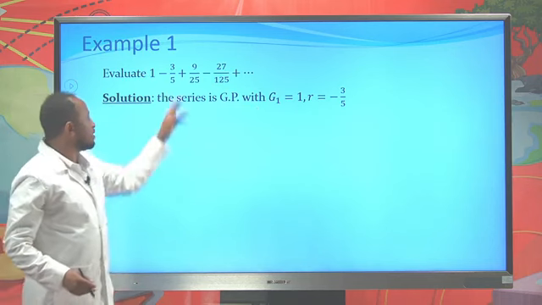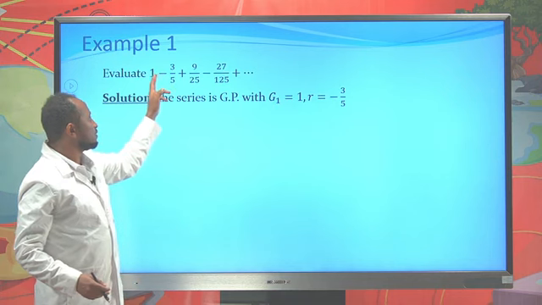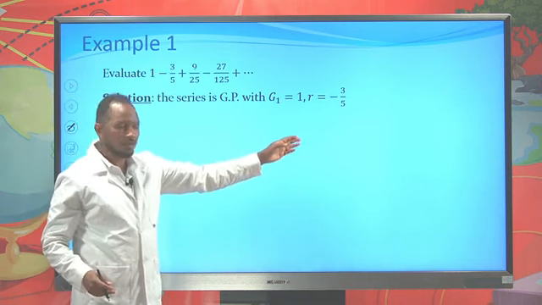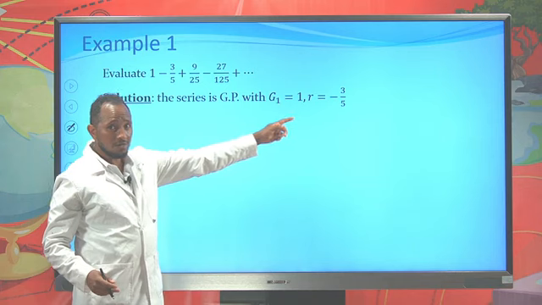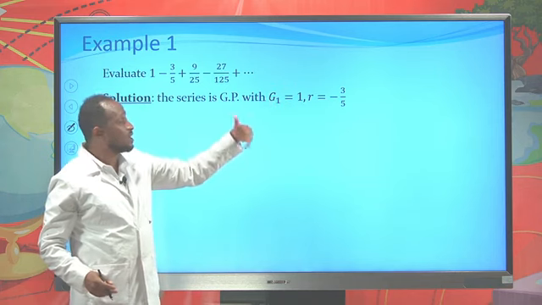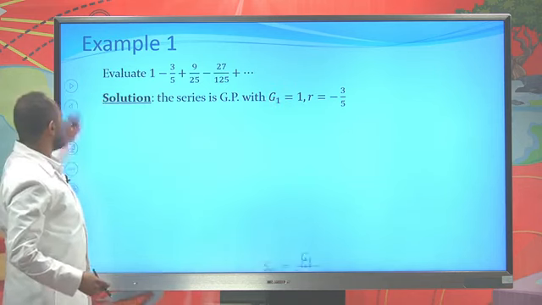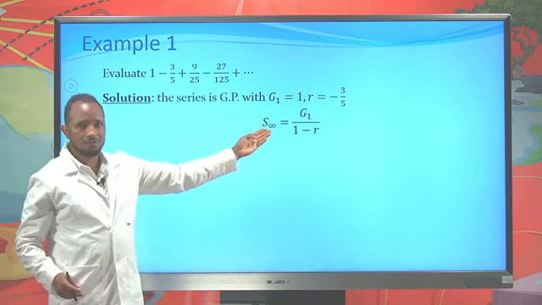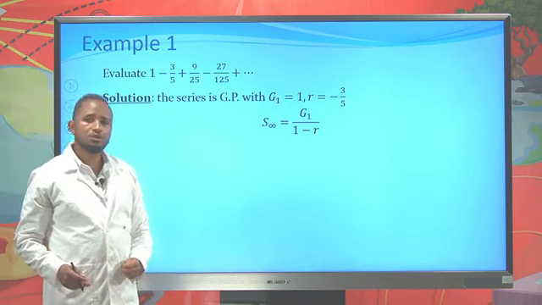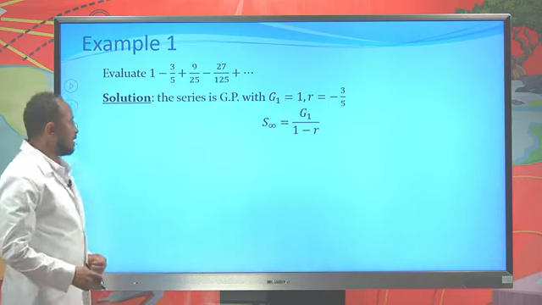The common ratio is -3 over 5. Since -3 over 5 is between -1 and 1, you can apply this formula: the infinite sum is g1 over 1 minus r.